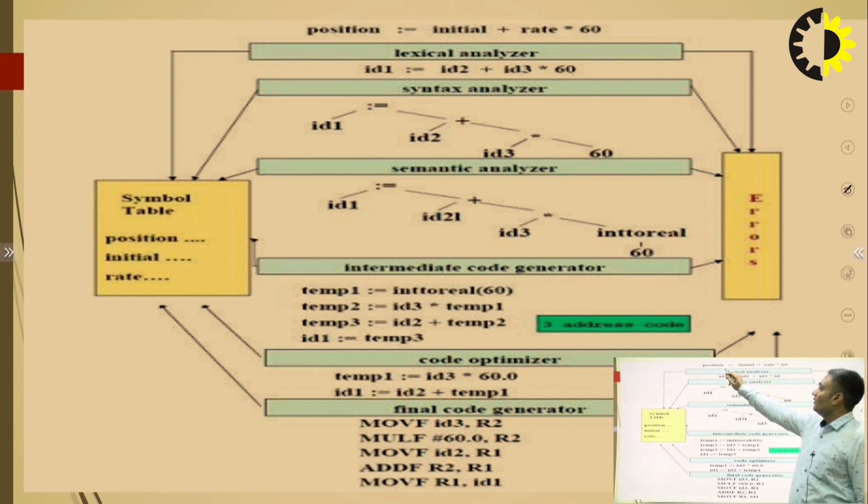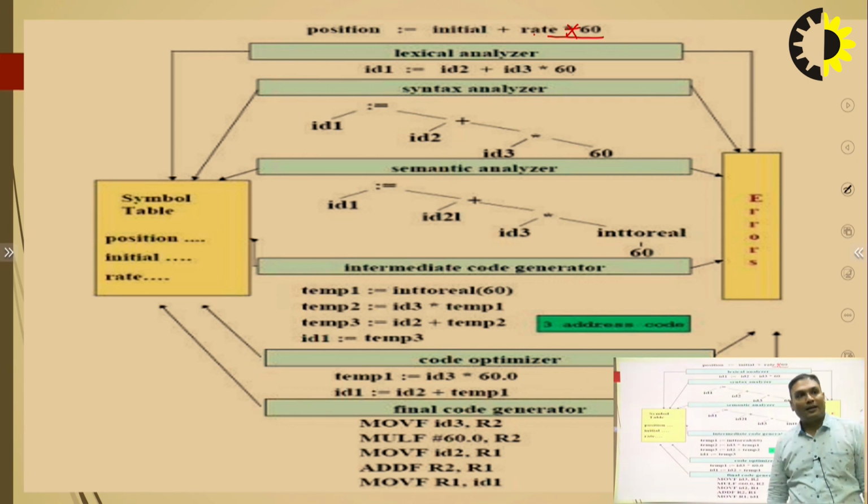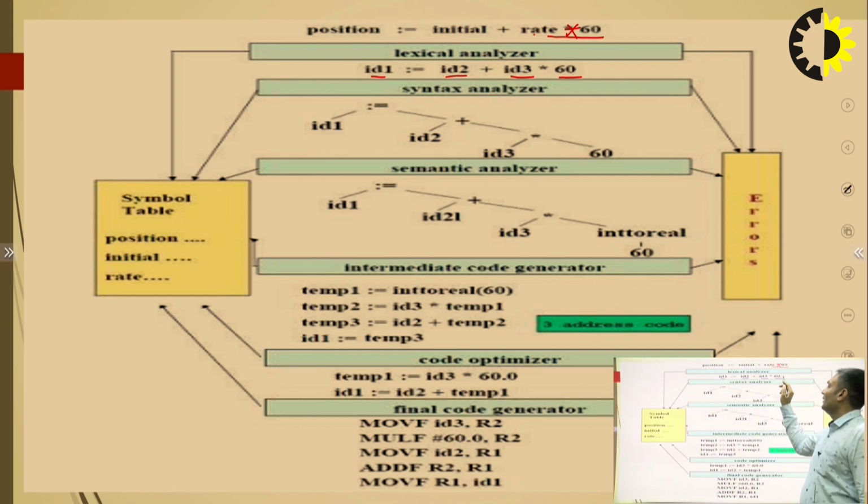There is an instruction written as position equal to initial plus rate into 16. So this instruction passes through the compiler. The first phase will convert this instruction into different sets of tokens. Identifiers will be grouped into one set, operators into another set, and constants into another set.